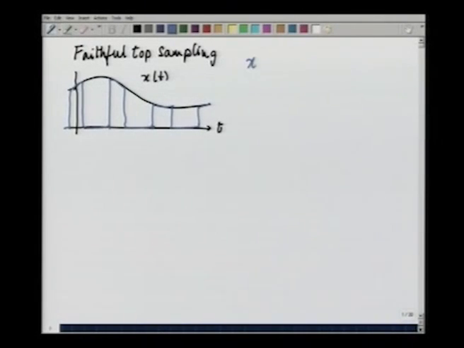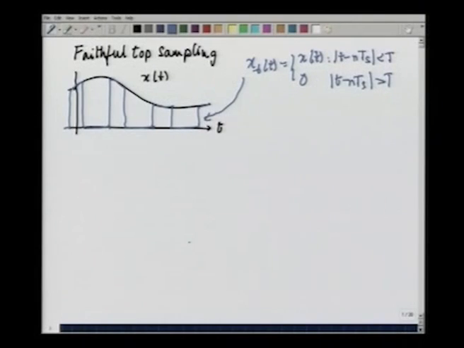Essentially, it is like this. This I will call x t of t. x t of t equals x of t when mod t minus n t s is less than t, and it equals 0 when mod t minus n t s is greater than or equal to t.